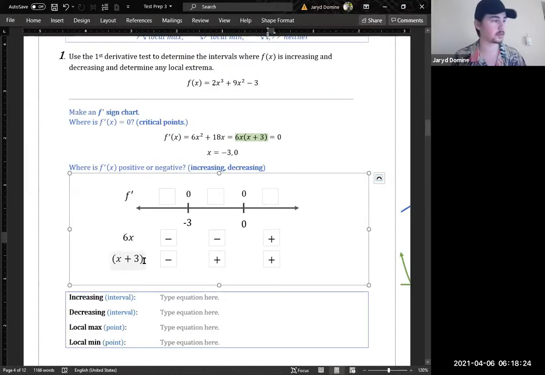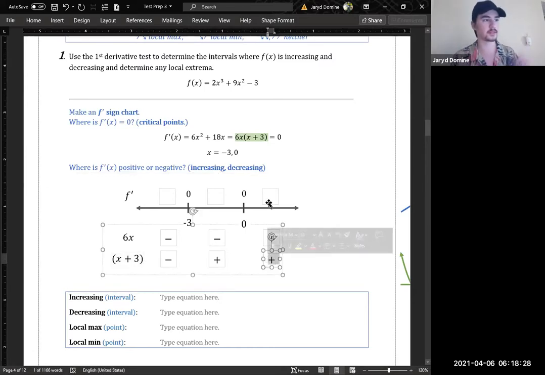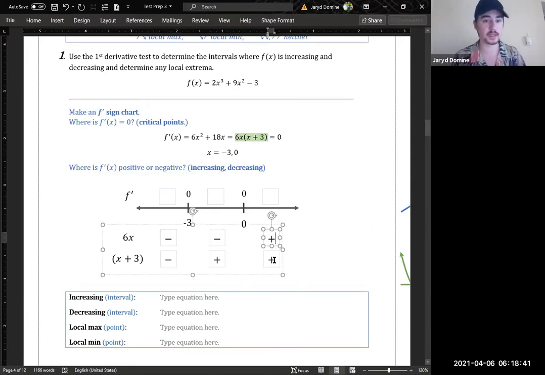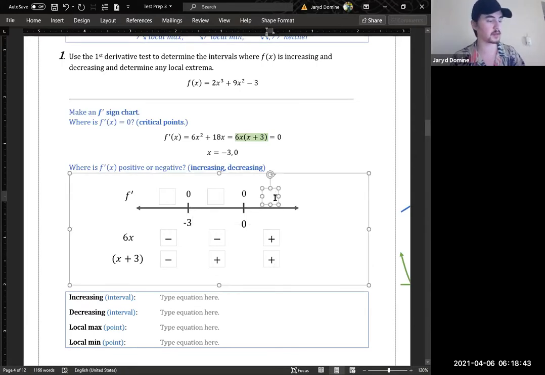What about x plus 3? If I pick a number greater than 0, like 1, 1 plus 3 is 4. That's positive. So really, I'm just building sign charts for each of these terms, and then they're multiplied together. A positive times a positive is going to give me a positive.